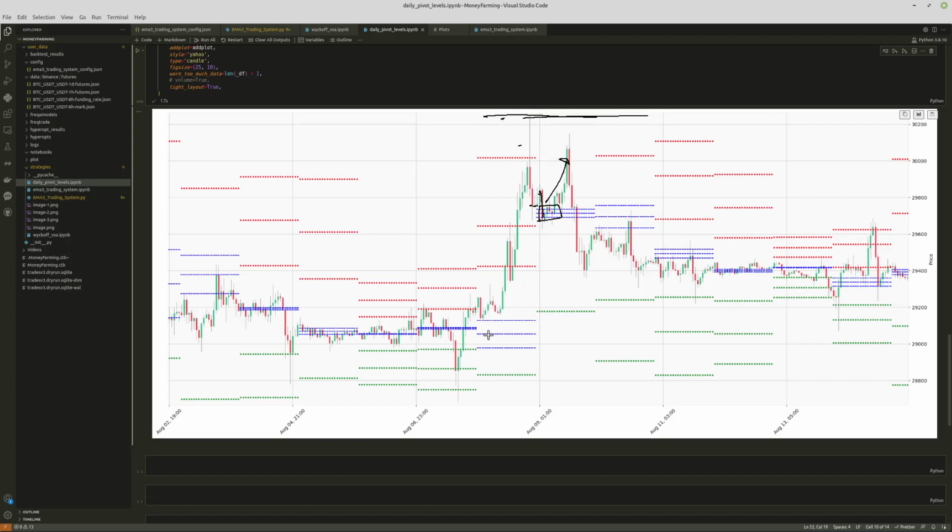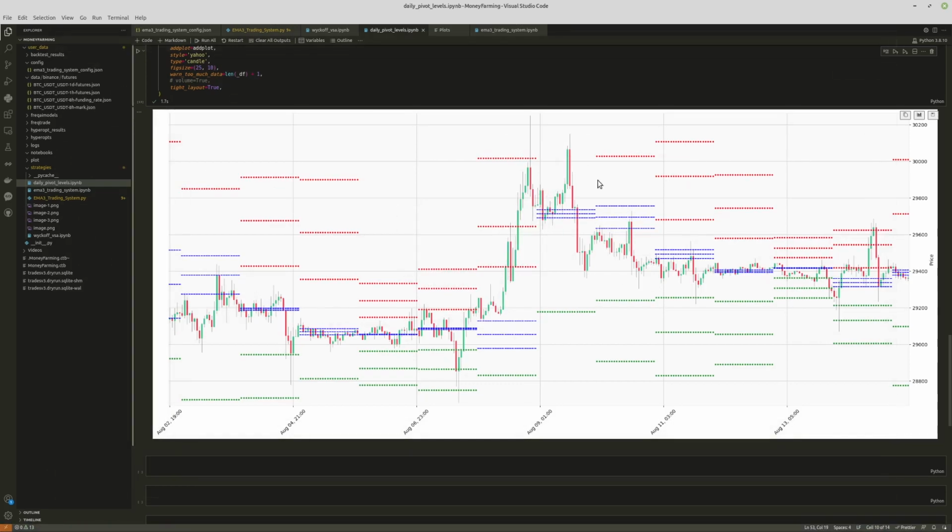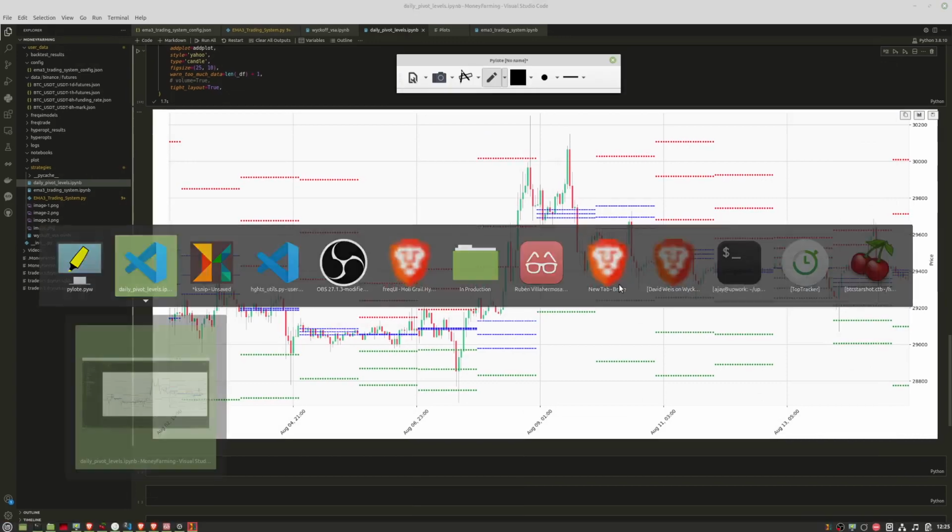And previous day low. So we can also plot previous day high and previous day low, and we can see something as well. So let's just plot the previous day high and previous day low, because I want to show you guys something.